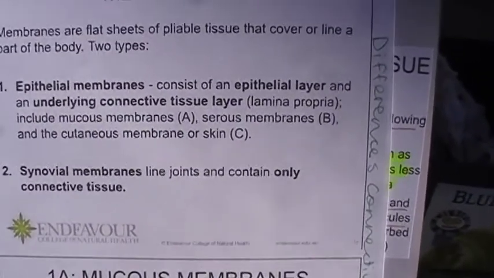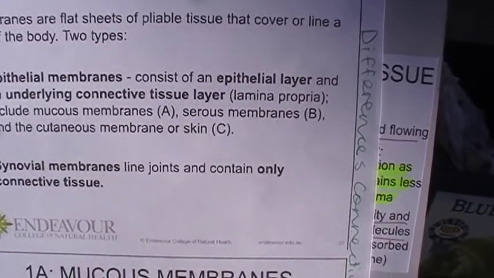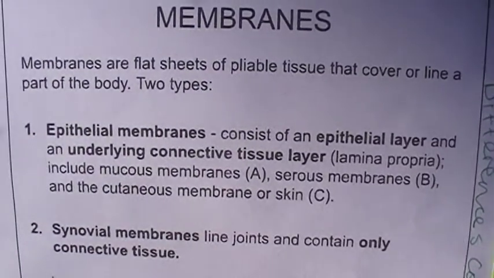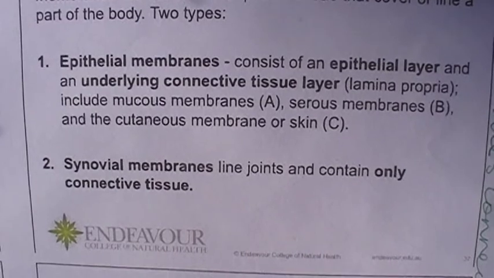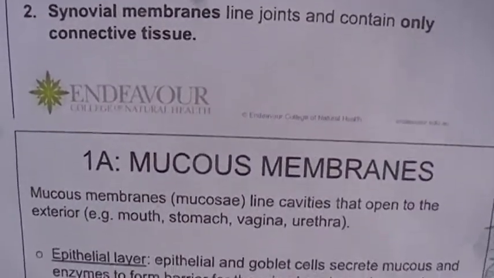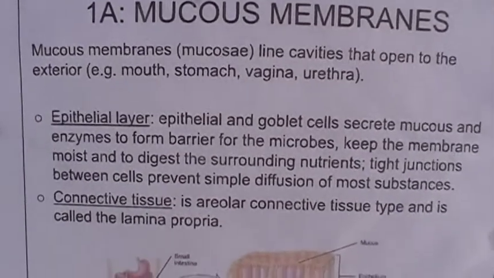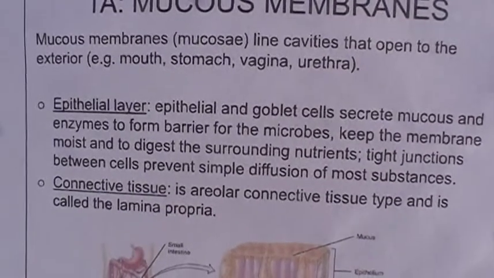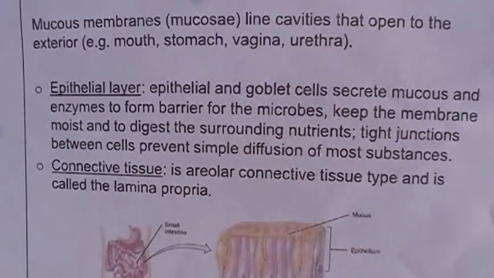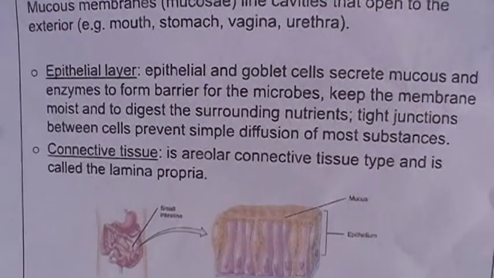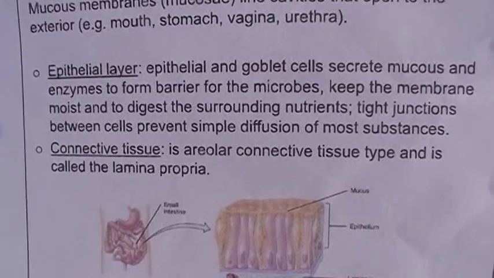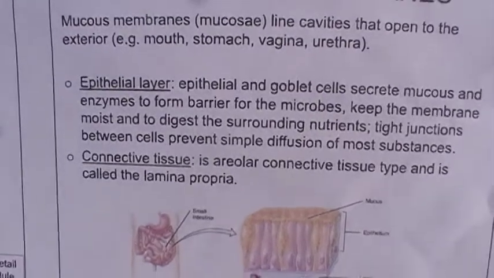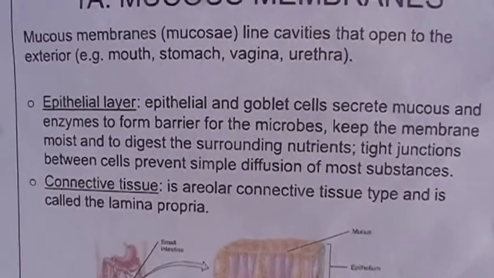Firstly, epithelial membranes consist of an epithelial layer, for mucous membranes. In connective tissue, it's the areolar connective tissue type. In epithelial, it requires a lot of tight junctions.